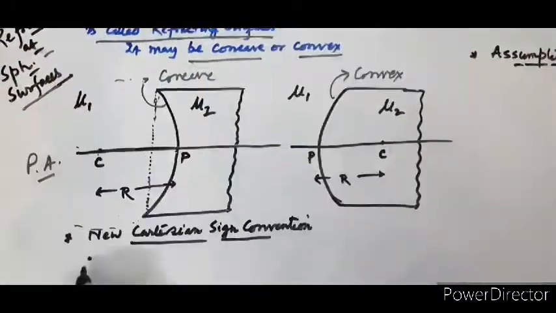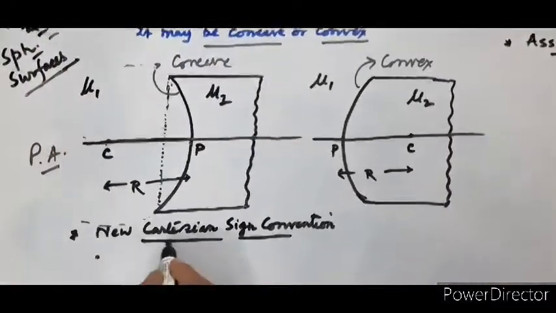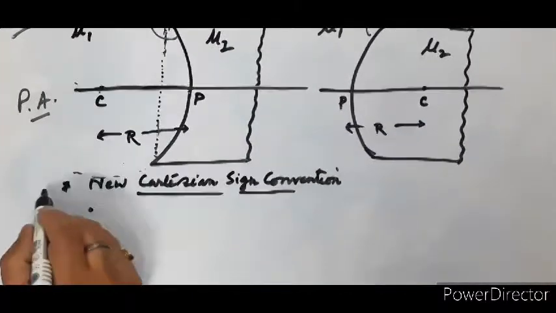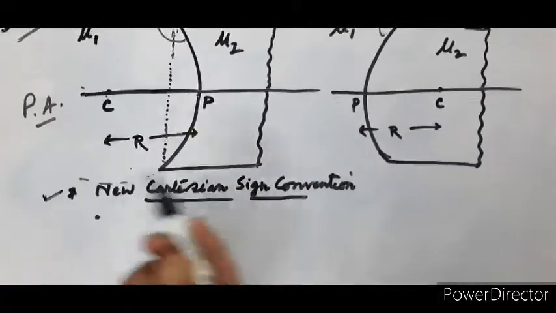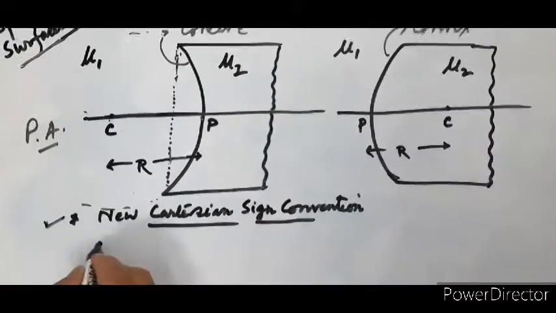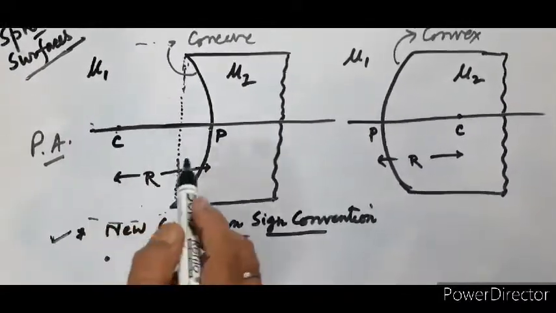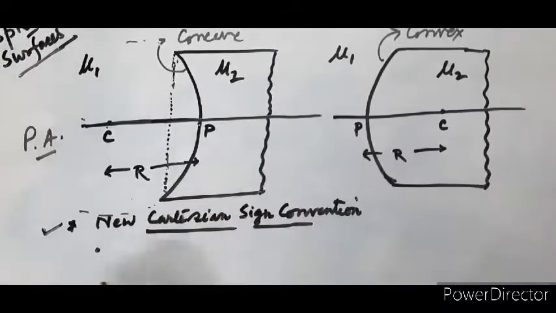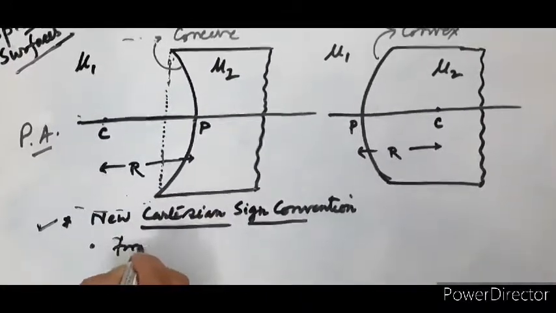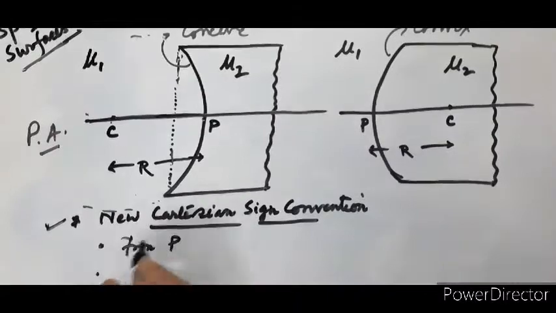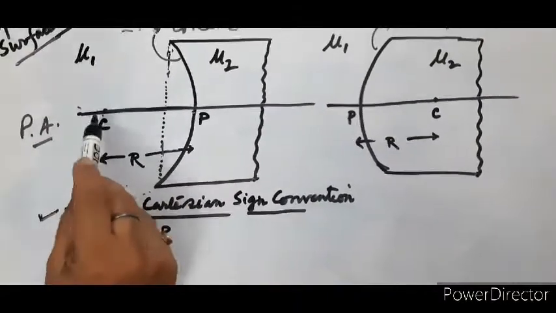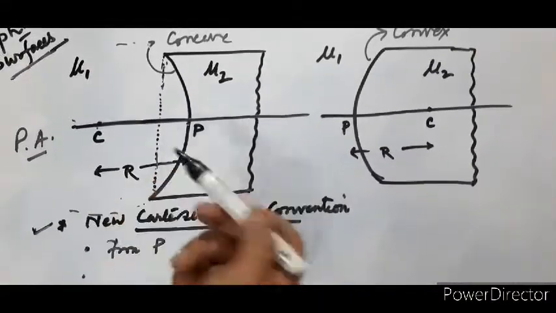Okay. Now the new Cartesian sign convention, more or less the same which you had already gone through in class 10. Number 1, all distances should be measured from the pole of the refracting surface. Number 2, the distance measured along the direction of the incident ray is taken as positive.